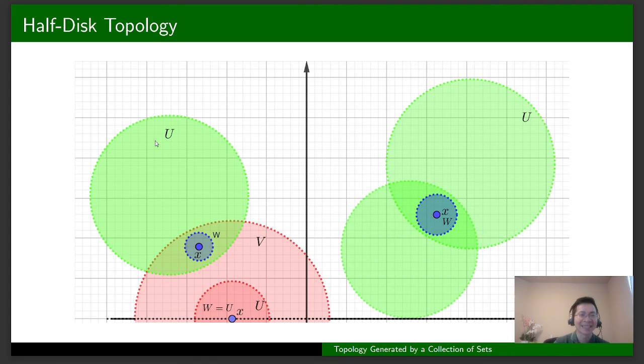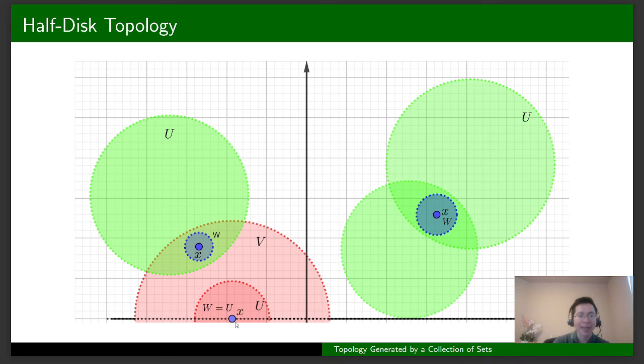In the second case, U is an open ball in the upper half plane and V is a half ball U_{a,r}. And x belongs to the intersection of them and x is in the positive upper half plane. Then we can find another open ball W such that x belongs to W and W is a subset of the intersection of U and V.